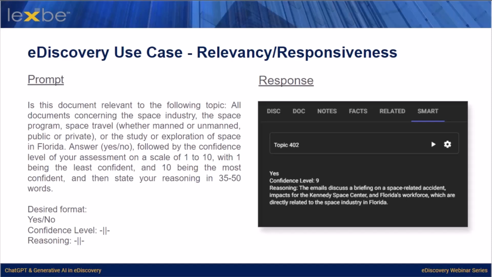Obviously, implementation of AI in this manner is going to substantially reduce your costs and put you significantly ahead of schedule, because we're looking at a first level review being completed in really 24 hours.